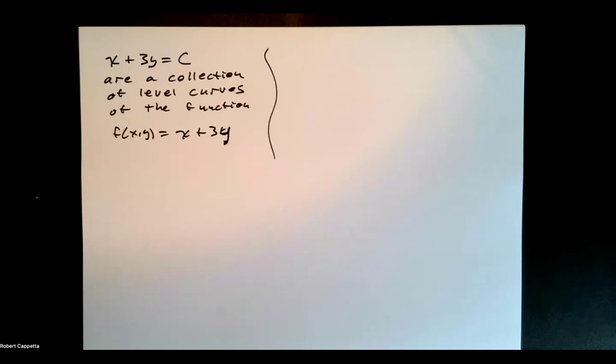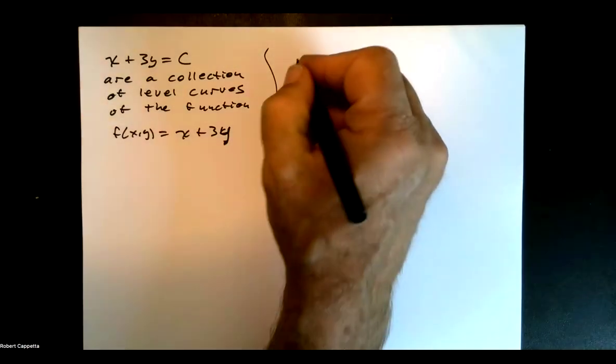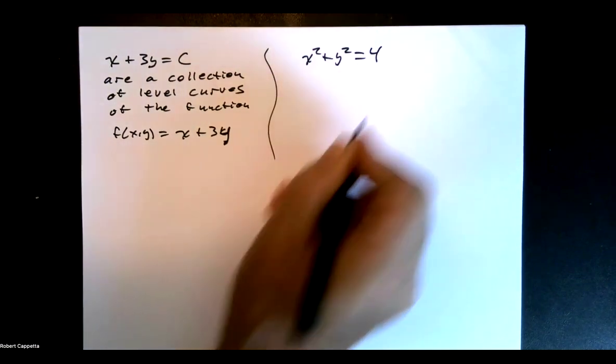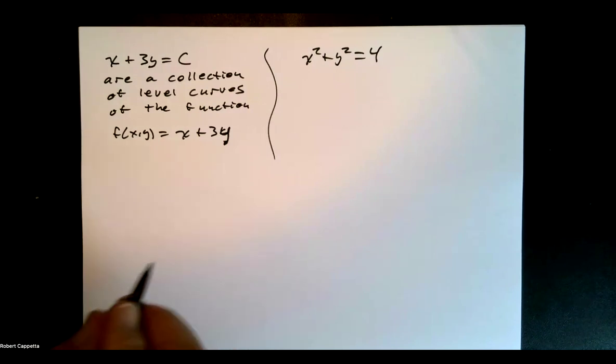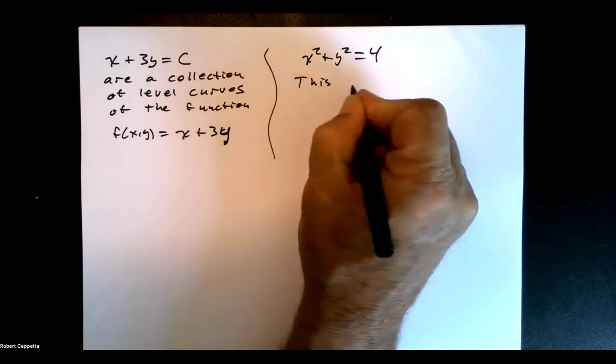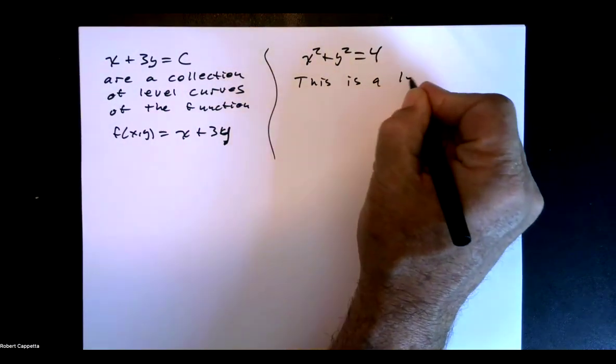Now, what about the circle itself? The circle itself was x squared plus y squared equals 4. Well, 4 is a constant, yes? So this is a level curve of what?